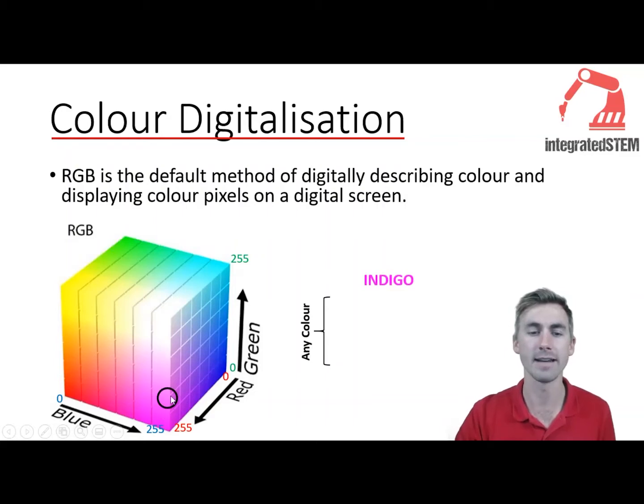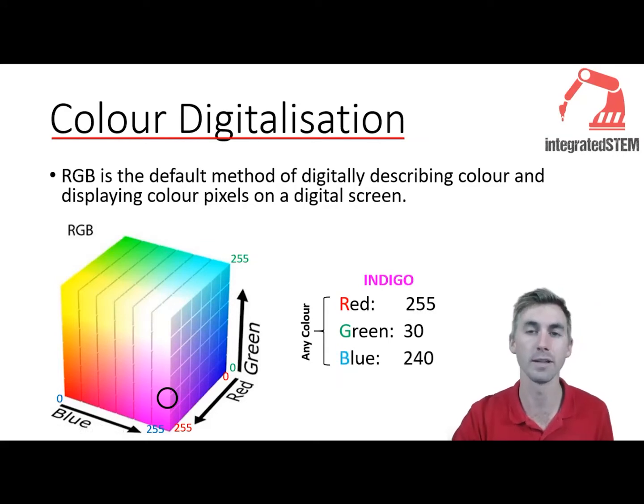Indigo, sitting just down here, has a lot of red, if we look at this axis, a little bit of green, if we go vertically, and a lot of blue. And so indigo could look like 255, 30, and 240 if you describe it as an RGB value.